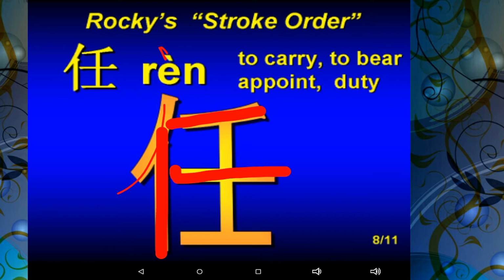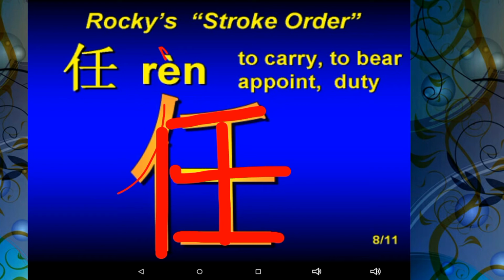And our next one is the center stroke, downward stroke. And then our last one, our sixth stroke, is our bottom stroke and our finishing stroke. And it goes from left to right. Very classic bottom stroke finish.